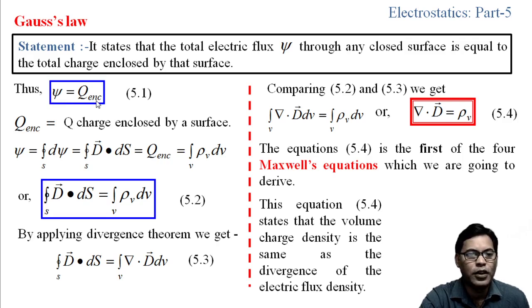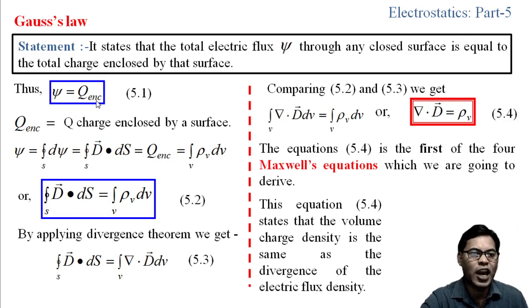Now imagine that there is a sphere and inside the sphere the charge is present, and due to the charge the electric field lines are coming out through the surface of the sphere. So the total electric field lines coming out through the surface of the sphere will be equal to the charge enclosed by that sphere.